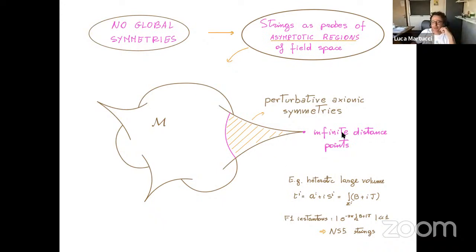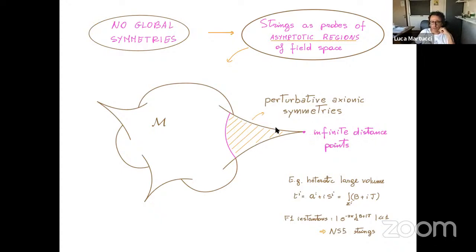So analogous to the asymptotic regions considered by Thomas in his previous talk, but focusing on the asymptotic regions around infinite distance boundaries, the portions of the boundary which lie at infinite distance.